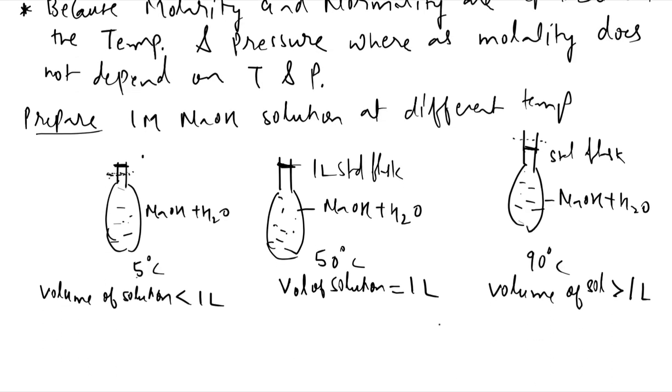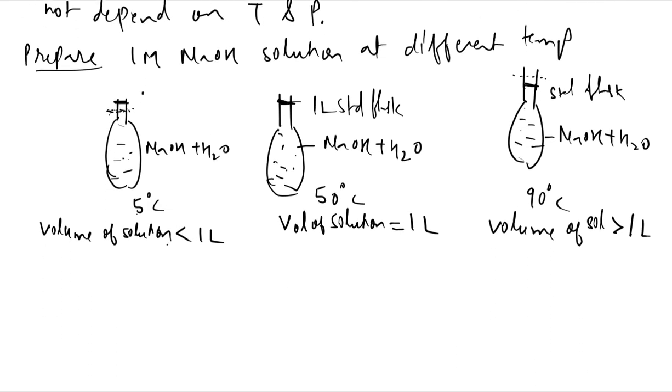So you can see that with change in temperature the volume is changing, and we know that molarity is inversely proportional to the volume, right? So the molarity is not going to remain the same. Here molarity is 1. In one case molarity will be a little bit higher, and in the other case a little bit lower, so in both cases the molarity will be slightly different.